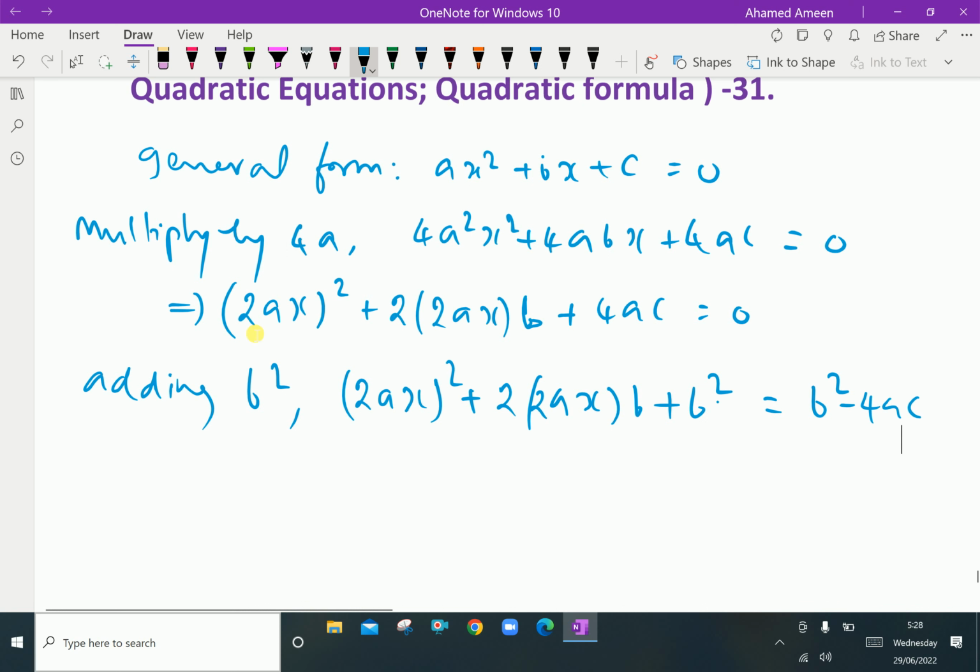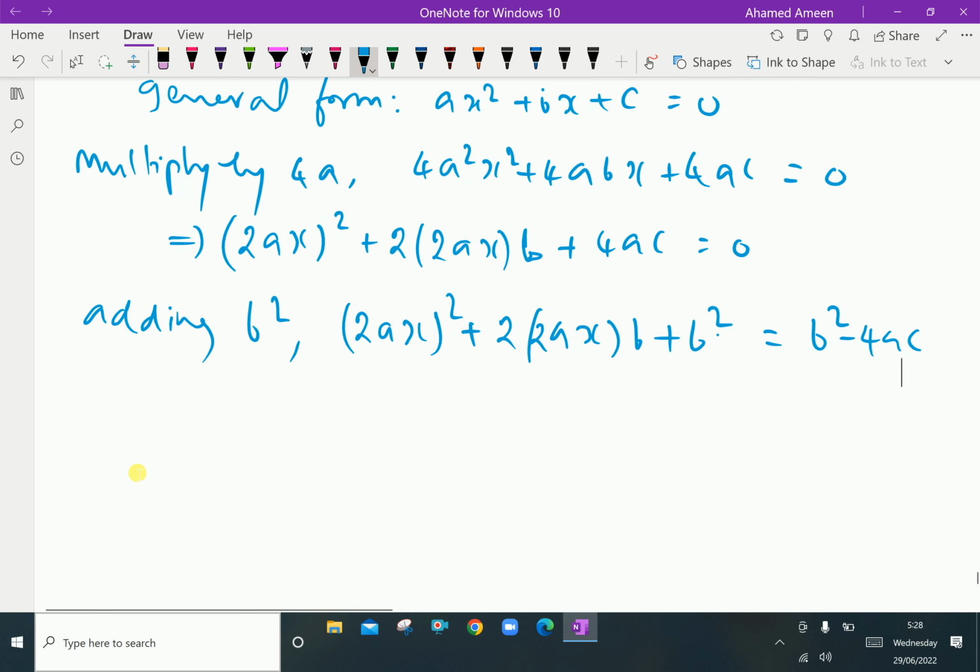Now look at here, this is in the (a plus b) whole square form, the identity, that is we have 2ax plus b the whole square. If you expand 2ax plus b whole square, this will come, which is equal to b square minus 4ac.